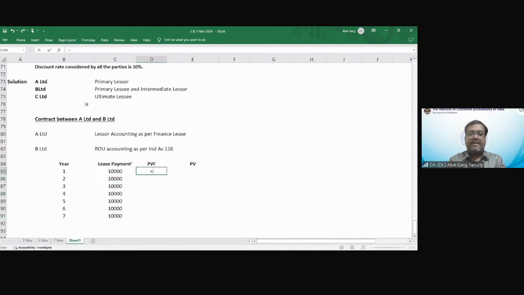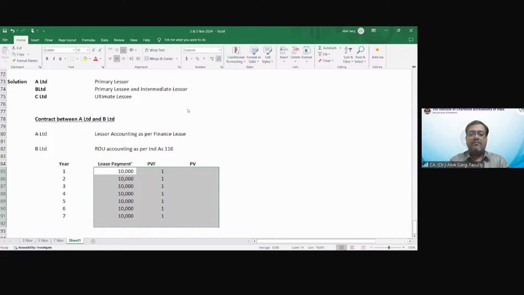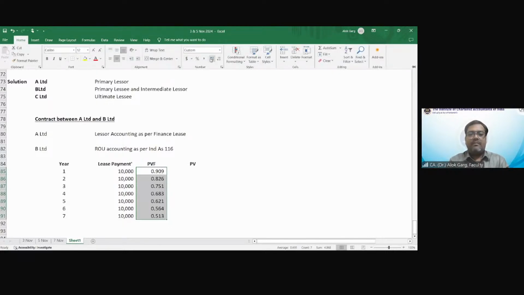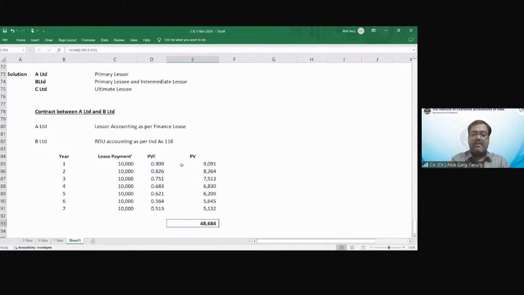What is my present value factor? 10% is the discount rate. 1 divided by 1.1, and so on. This is my discount factor. What is my present value of future lease payments?